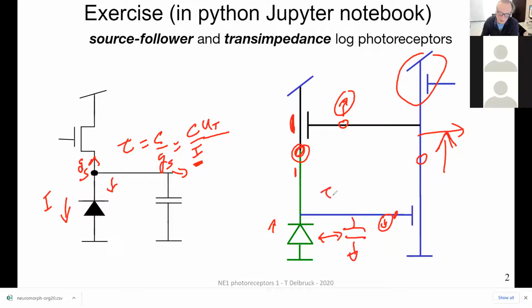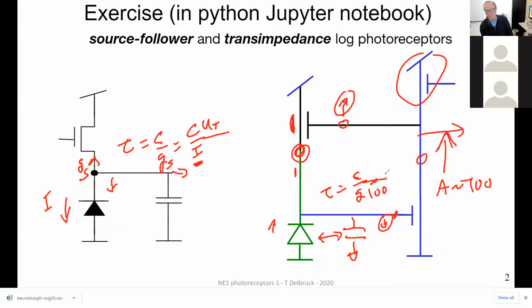And so the tau, which is the C over G, if the gain here is like 100, then the tau will be C over G of the left circuit divided by 100, which is the gain of the amplifier. Because of the effective conductance of that feedback element, it's much, much larger. So not only can it drive a load, but it's also many times faster. That's a really cool idea.